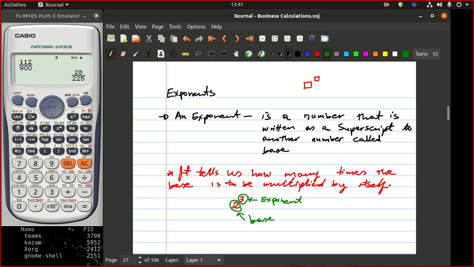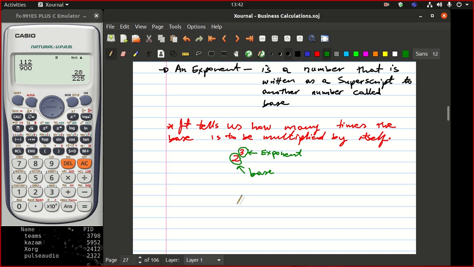The meaning of this is that 2 raised to the exponent 3 is the same as 2 times 2 times 2.